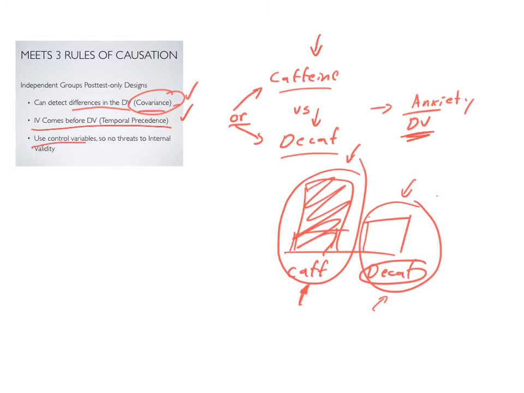Now, do we have control for other variables that might challenge our internal validity in this design? Well, I can, right? So for example, maybe I make sure that before I recruit my participants, they are not coffee drinkers.